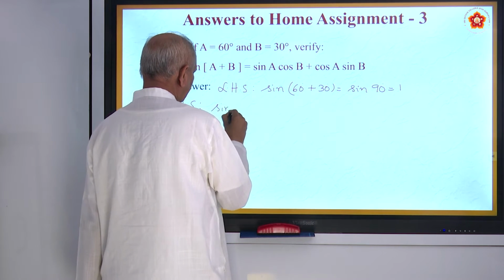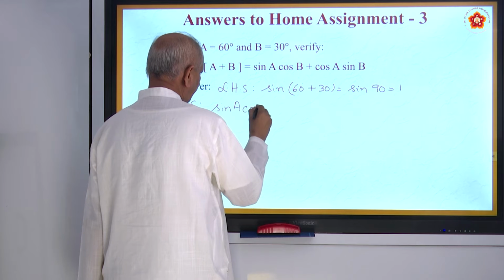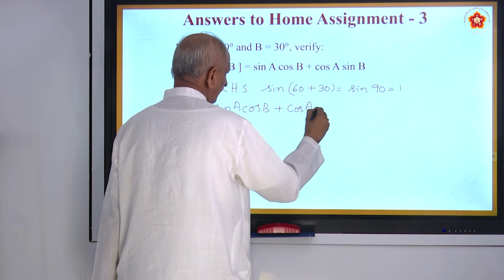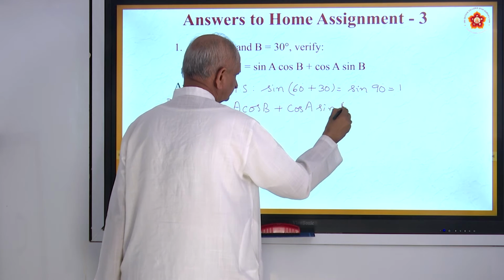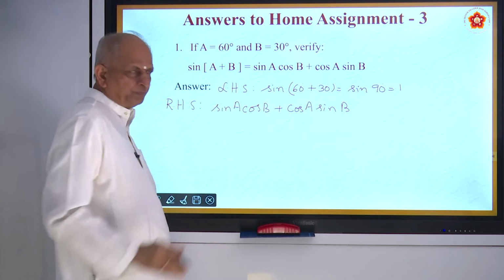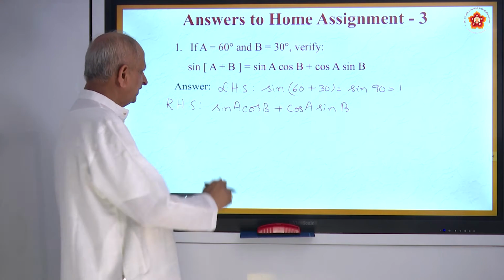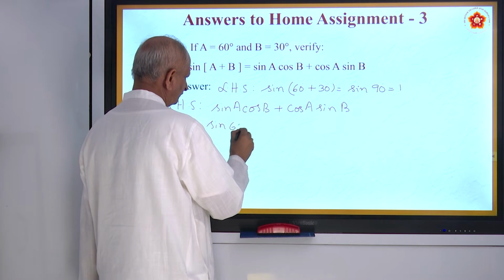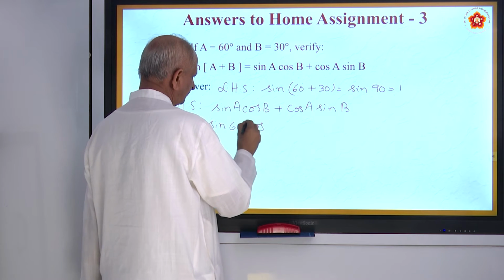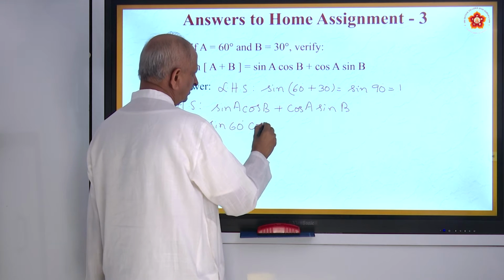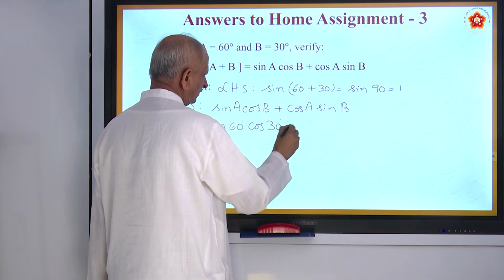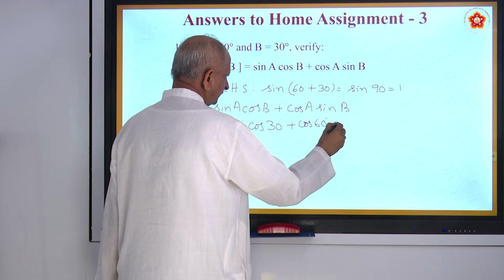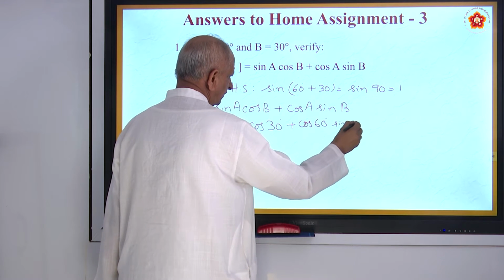Now coming to right hand side. Right hand side is sin A cos B plus cos A sin B. Now sin A means sine of 60, cos B means cos of 30 degrees, plus cos A, cos 60, sin B, sin 30.